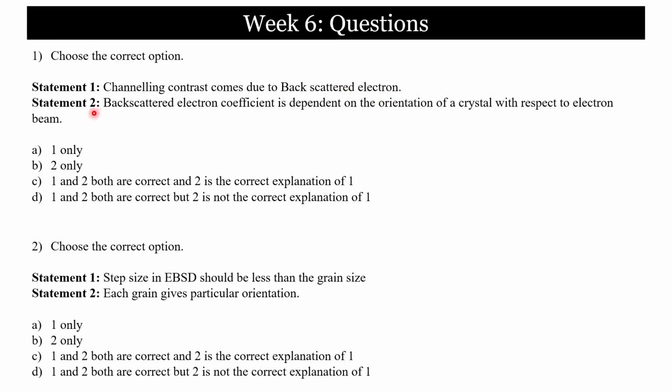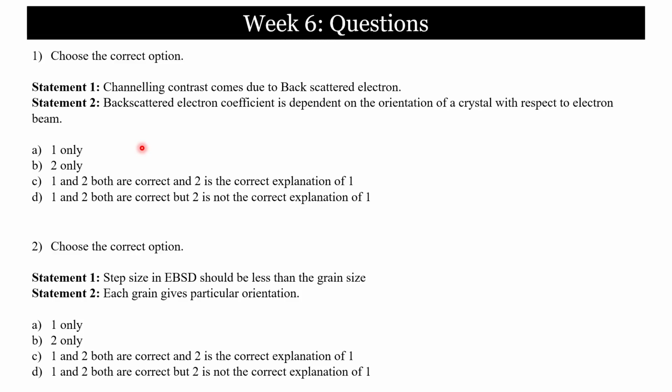And statement 2 says that the backscattered electron coefficient is dependent on the orientation of a crystal with respect to the electron beam. So this statement is also very much correct, that the backscattered electron coefficient eta will be dependent on the orientation of the crystal, because orientation of crystal will tell you how many electrons are being ejected with respect to the electron beam.